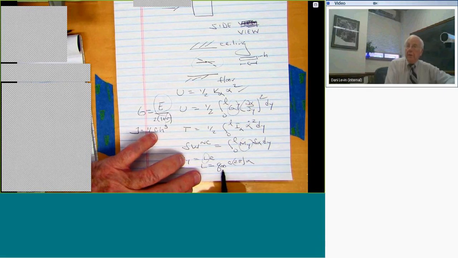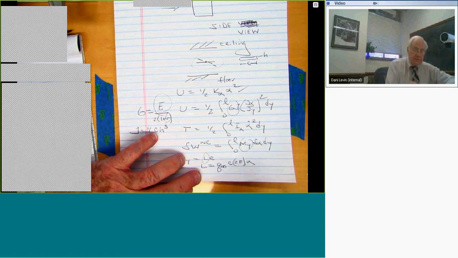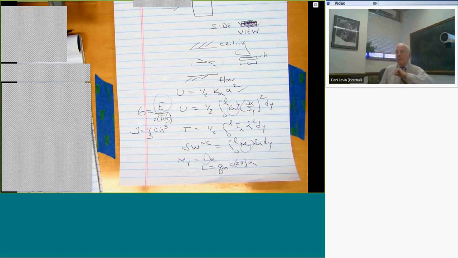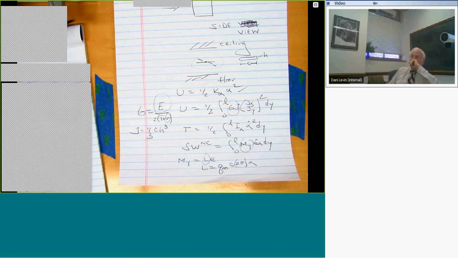Q has the dimensions of pressure. So if I multiply pressure by length, I get force per unit length, right? To make it force, I have to have the length squared. So you could use this model, and you would come up with something that looks remarkably like the spring model, but a little more elaborate.